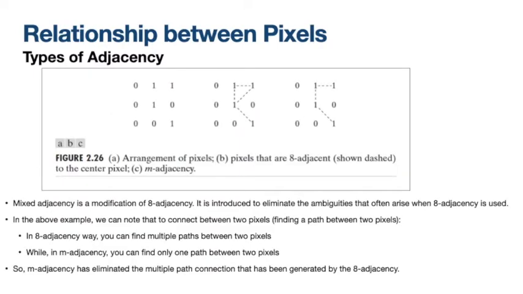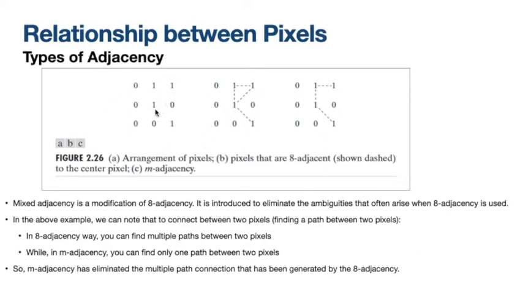So that is a mixed kind of adjacency. You can see the difference of 8 adjacency and M adjacency here. Actually, the M adjacency or mixed adjacency is a modification of 8 adjacency. It was introduced to eliminate the ambiguities that often arise when 8 adjacency is used. That is, if you take the 8 adjacent elements of a central pixel, this is a pixel representation.